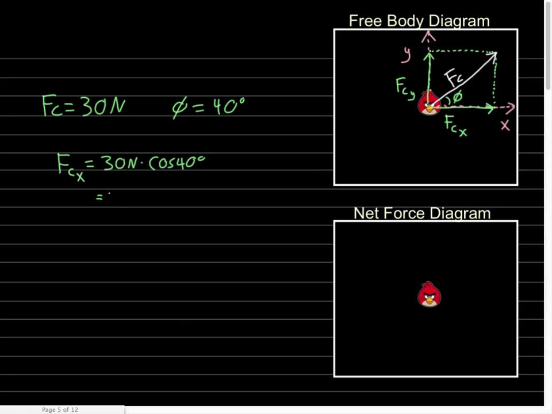Make sure your calculator's in degrees. And for y, just do the same thing, but use sine to find the opposite component of that triangle. And you also have to understand that this component right here is also FCY. And this component right here is also FCX. It's just drawn at a different spot.